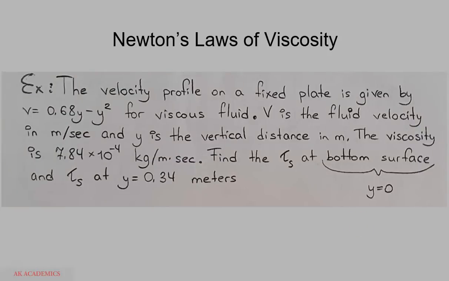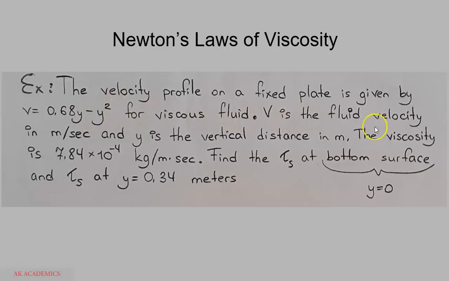Let us evaluate this example together. The velocity profile on a fixed plate is given by V equal to 0.68y minus y squared. Now, this is not a linear equation. This is a quadratic equation, a parabolic equation, by the way. So the velocity profile on a fixed plate is given by V equal to 0.68y minus y squared for viscous fluid.